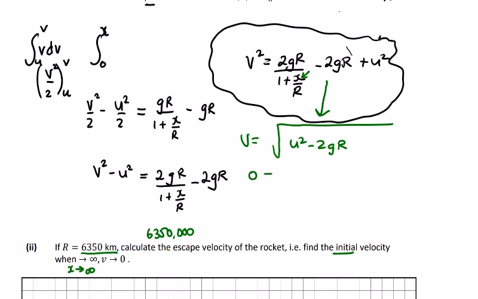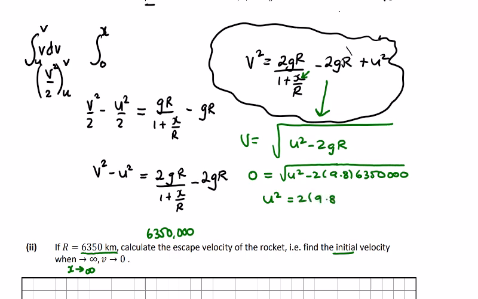So 0 is equal to this expression, the square root of u squared minus 2 by 9.8 by 6350000. So u squared will be equal to that expression.